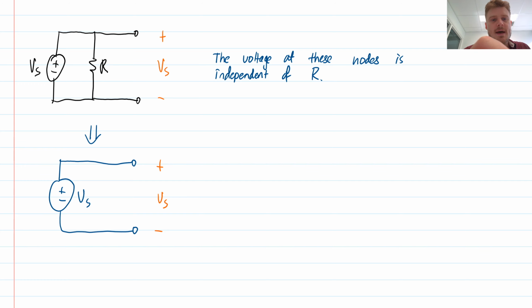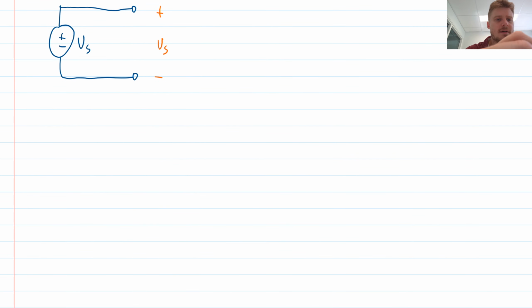So if you see this pattern, and you don't care about the power that's dissipated in this resistor R, and you don't care about the current that's flowing through the resistor R, you can actually just delete it from your circuit.